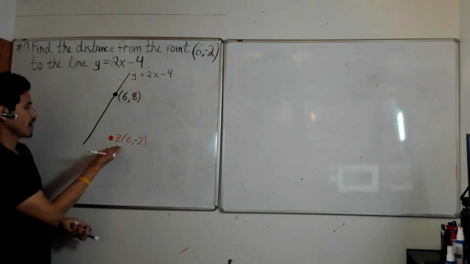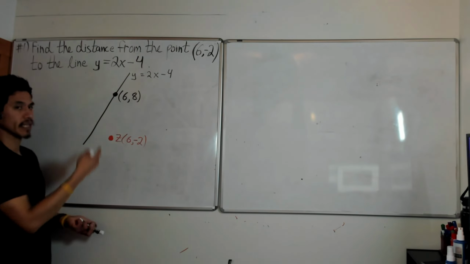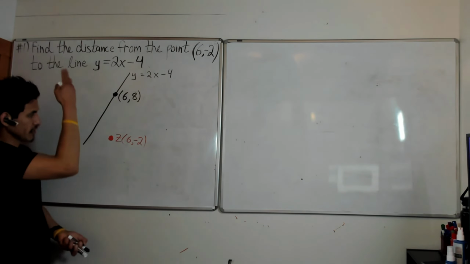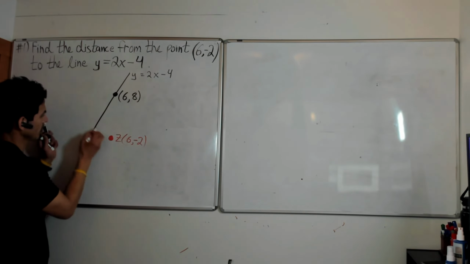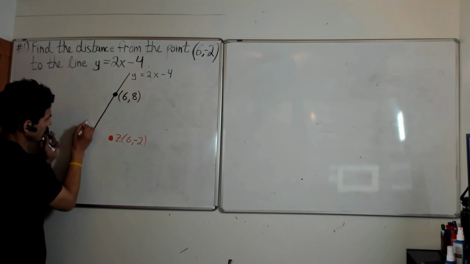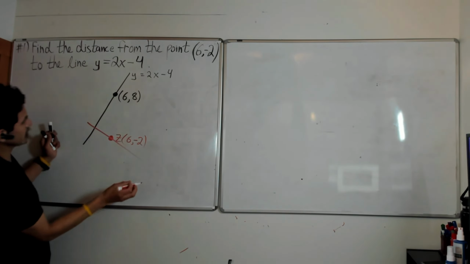So we have to calculate how far this point is from this line. And you can't just draw any random line and find the distance. We want to find the length of a perpendicular line. Let me see if I can get this down. All right, that'll do.